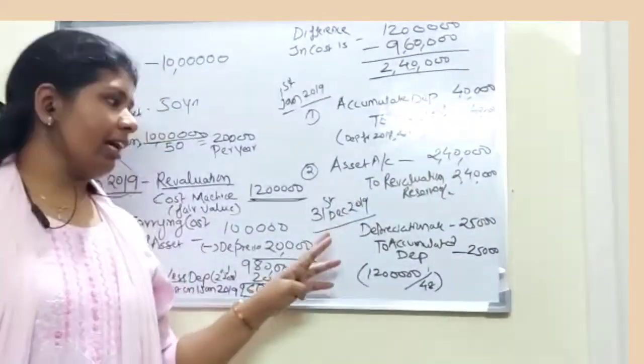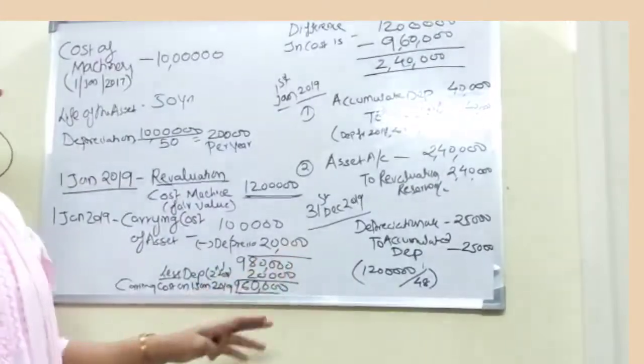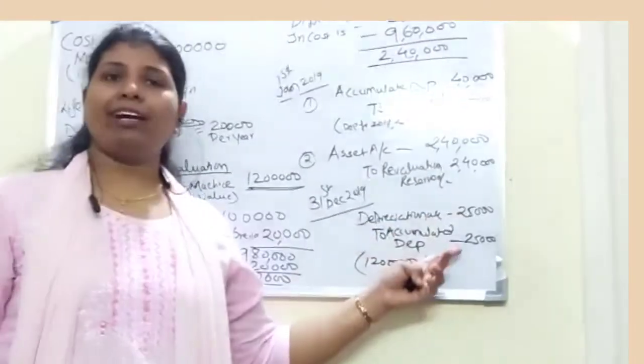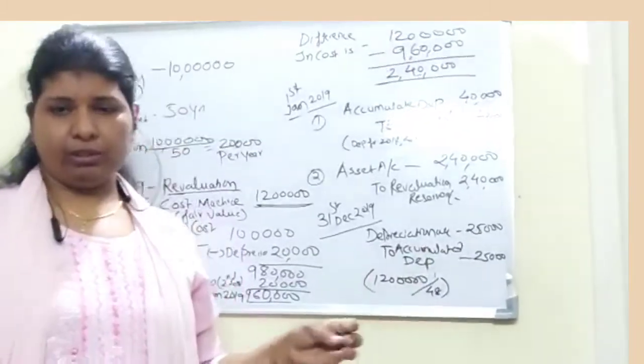And on 31st December, I give the depreciation with the revised amount, that is 25,000 rupees.